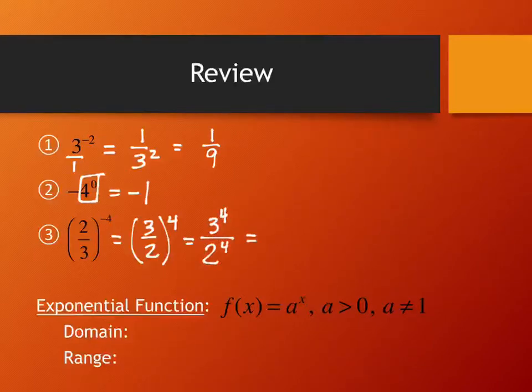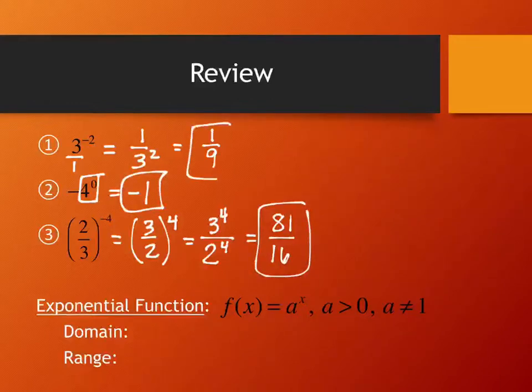Do you know what 3 to the 4th is? 81 is right. Good job. How about 2 to the 4th? 16. Lovely. This is 81 over 16. So we're going to see some of these properties at use, not significantly, but they will pop up from time to time.